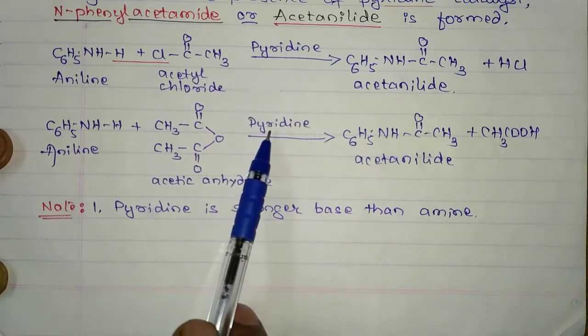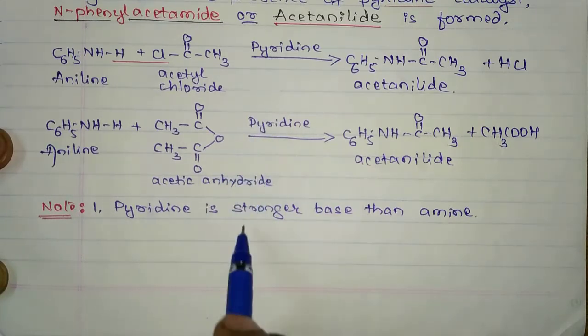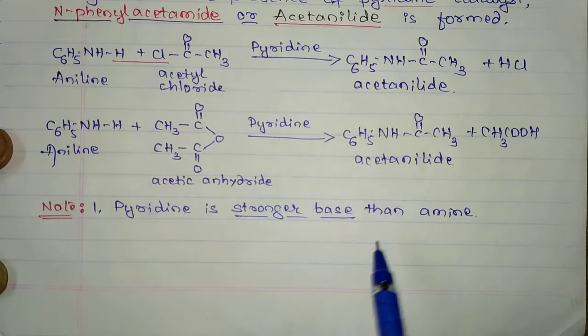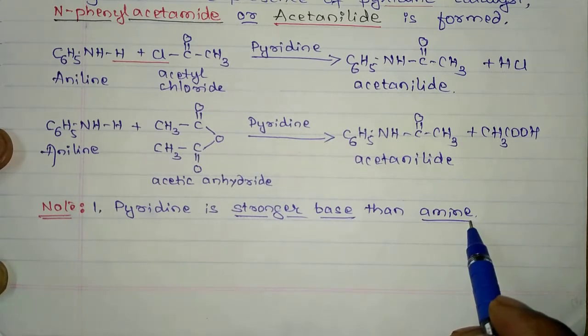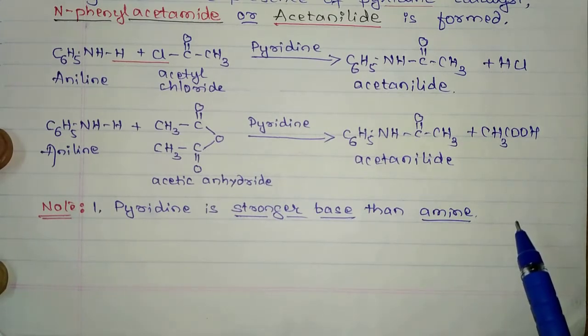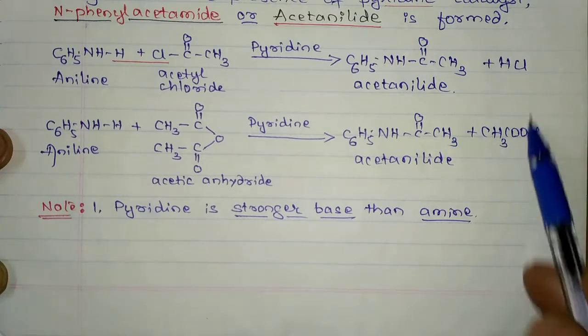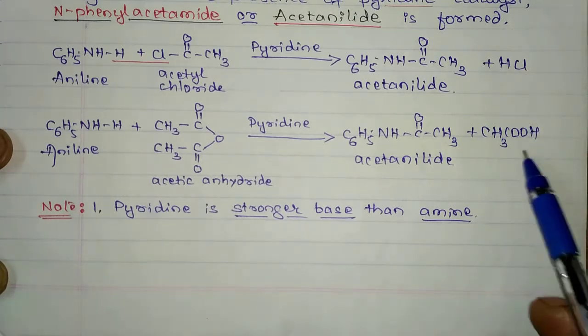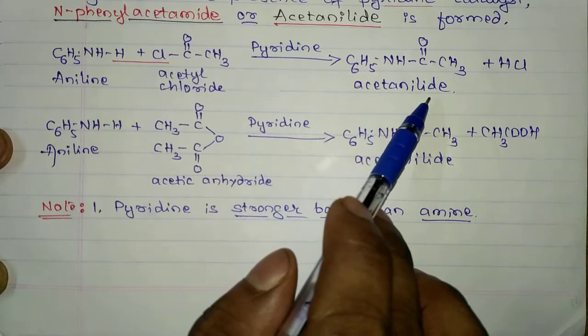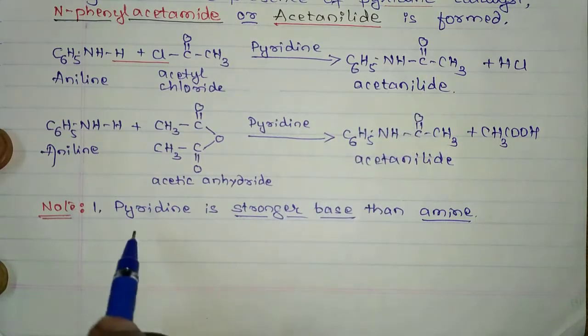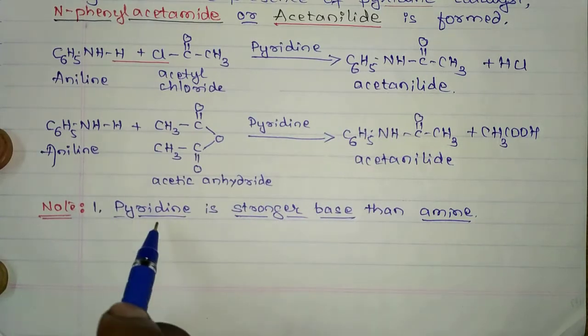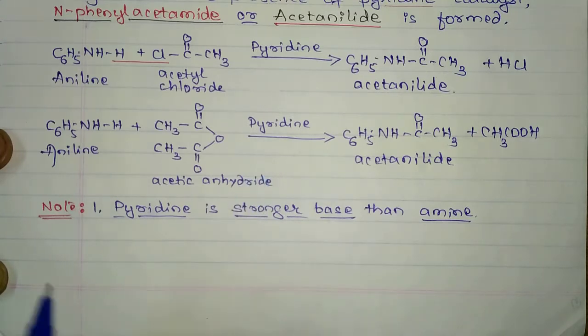Here pyridine is used during this reaction, which is a stronger base than amine. Pyridine removes the acid formed during the reaction and shifts the equilibrium towards the right side. That is the role of pyridine in this reaction.